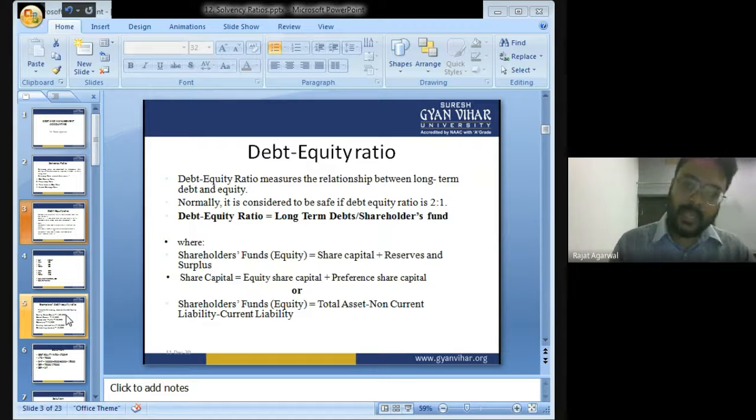Long-term debts mean long-term loans. In long-term loans, we include non-current loans as well as debentures, etc. Shareholder fund includes two parts: share capital and reserve and surplus. Share capital includes both equity share capital and preference share capital.